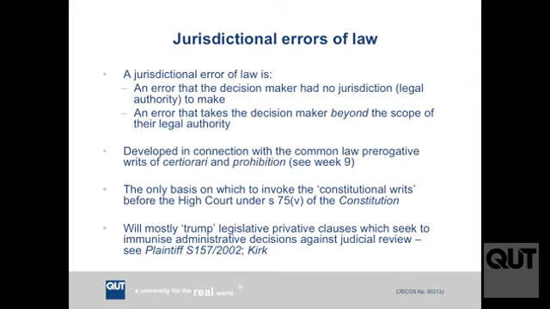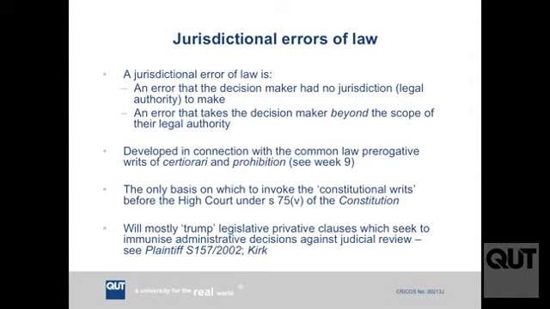The law regarding jurisdictional error developed in connection with the common law prerogative writs of certiorari and prohibition, which we'll discuss further in week 9. Jurisdictional error is the only basis on which to invoke the constitutional writs before the High Court under Section 75(5) of the Constitution.